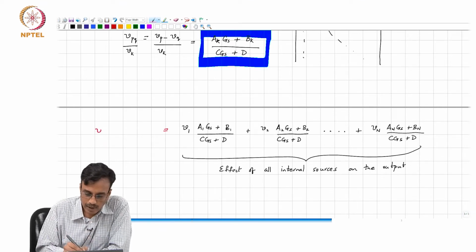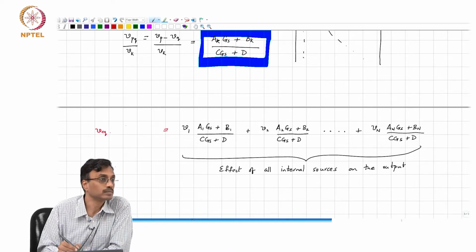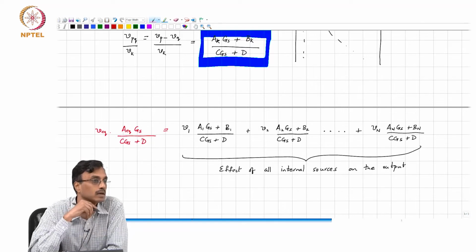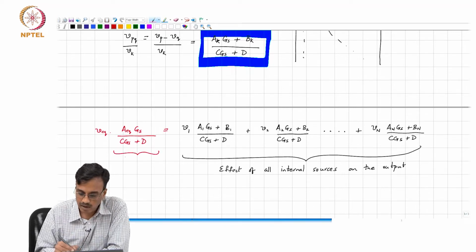Well, V equivalent times A equivalent times GS divided by CGS plus D, right. So this is the transfer from V equivalent to out.